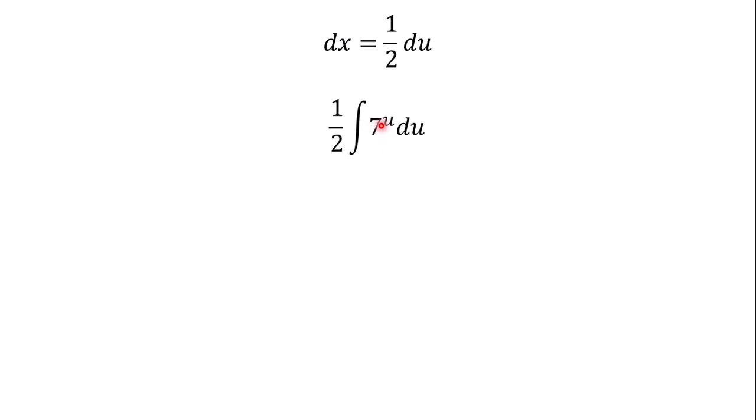So I'm going to rewrite this one using natural log. So rewrite 7 raised to the power u using natural log. Now, when you use natural log to rewrite this one, we are going to get e raised to the power ln 7 raised to the power u.